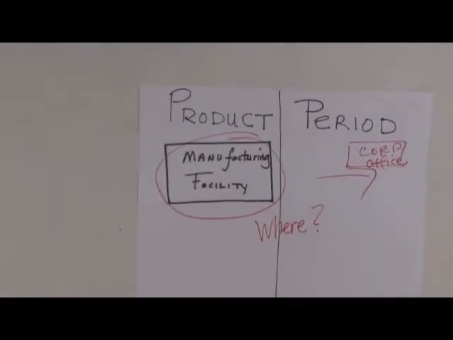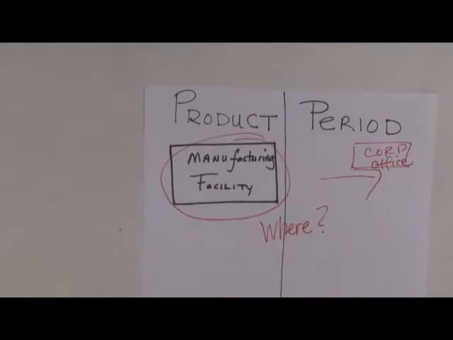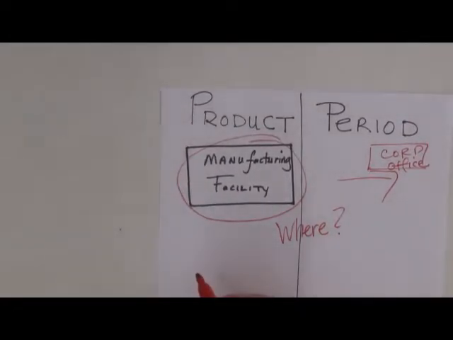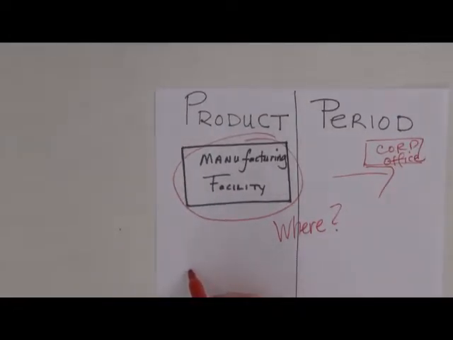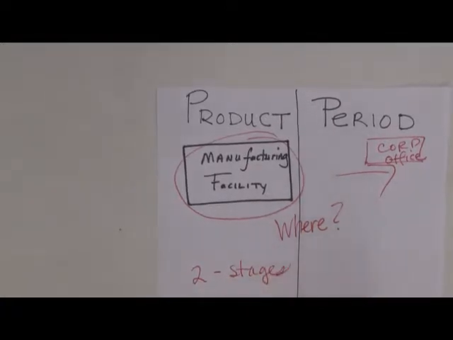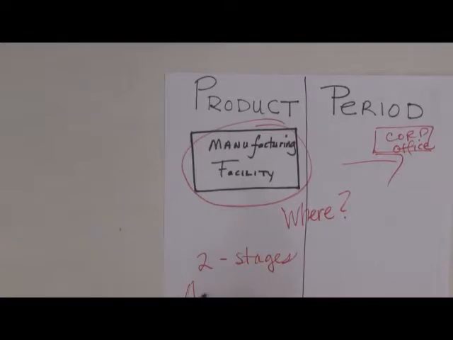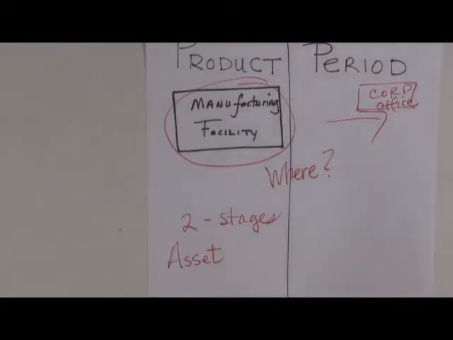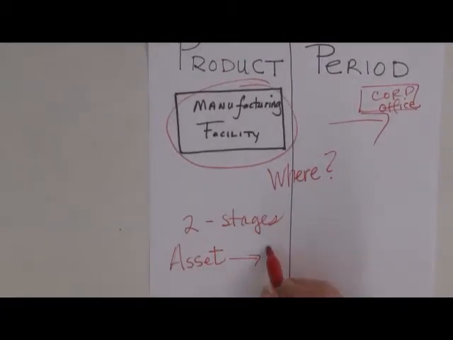Let's think of this too in terms of stages. A product cost is really going to go through 2 stages. Product costs attach to the product and become part of the inventory, or the asset for the firm, and then will become an expense called cost of goods sold at the point units are sold.